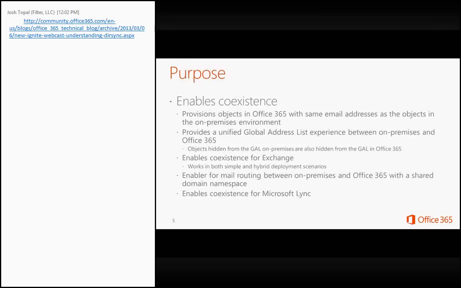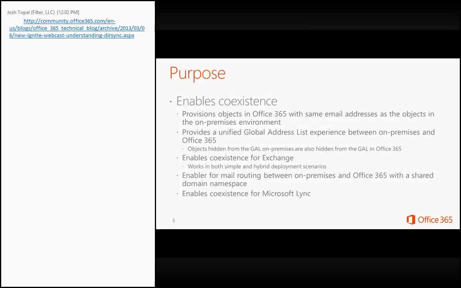So the purpose of directory sync is, in simple terms, to have a unified global address list, certainly from an Exchange perspective. All of the objects that we have on premise is where we master those objects, i.e. any new users, we create them on premise.